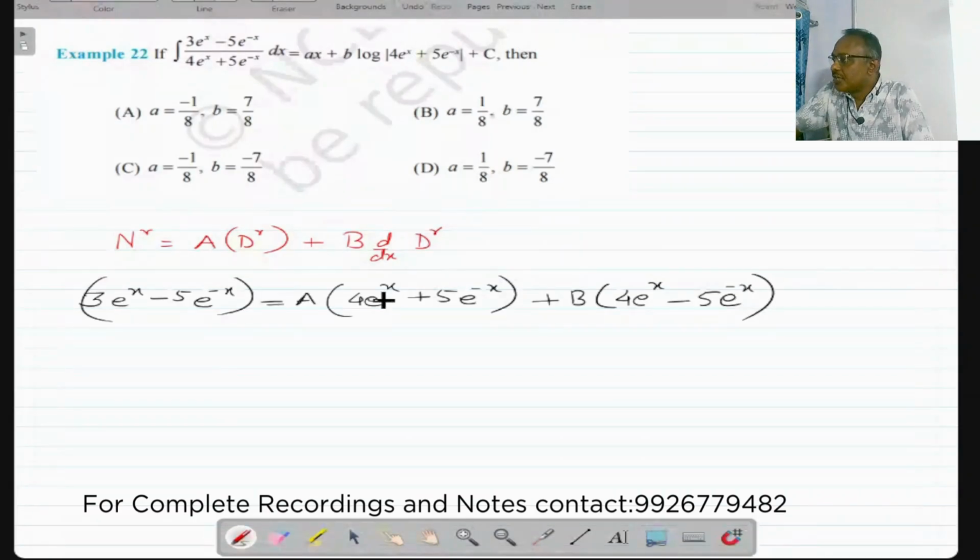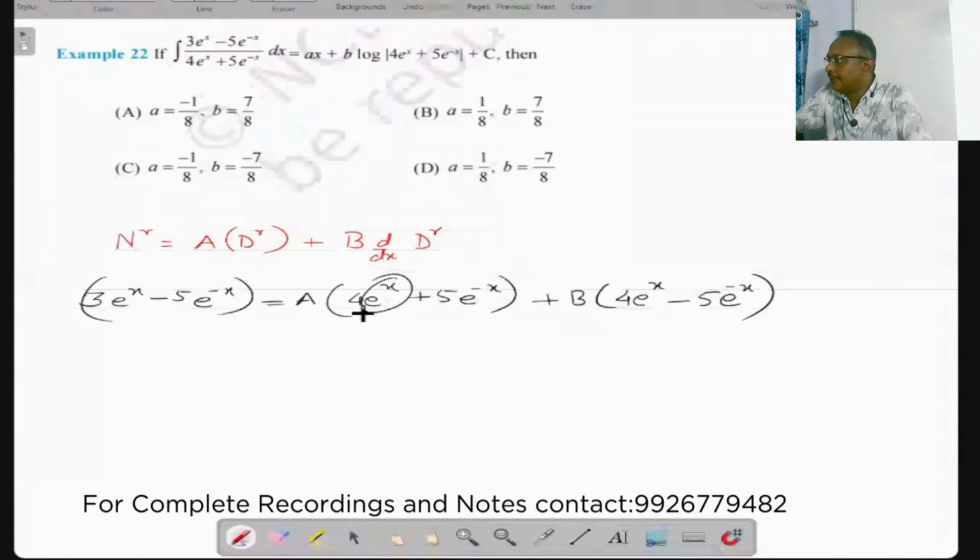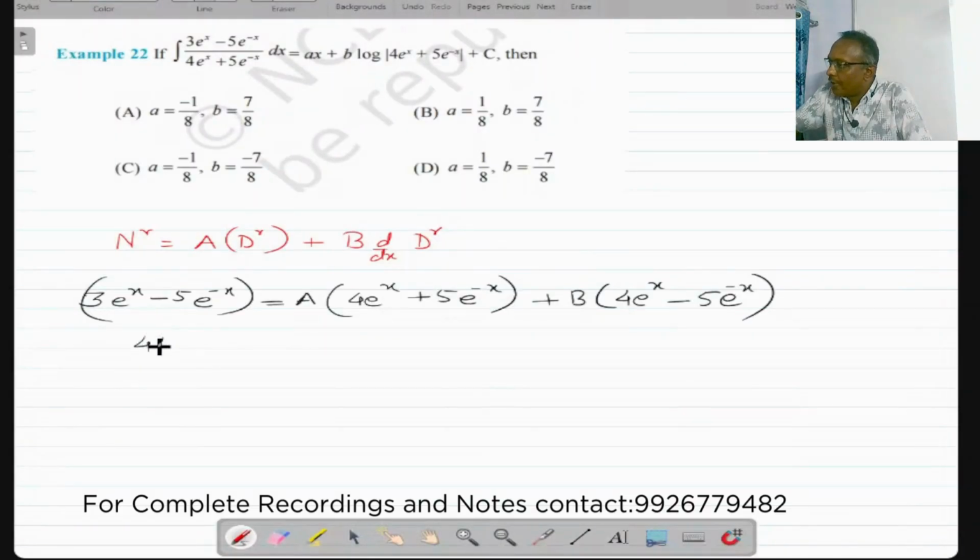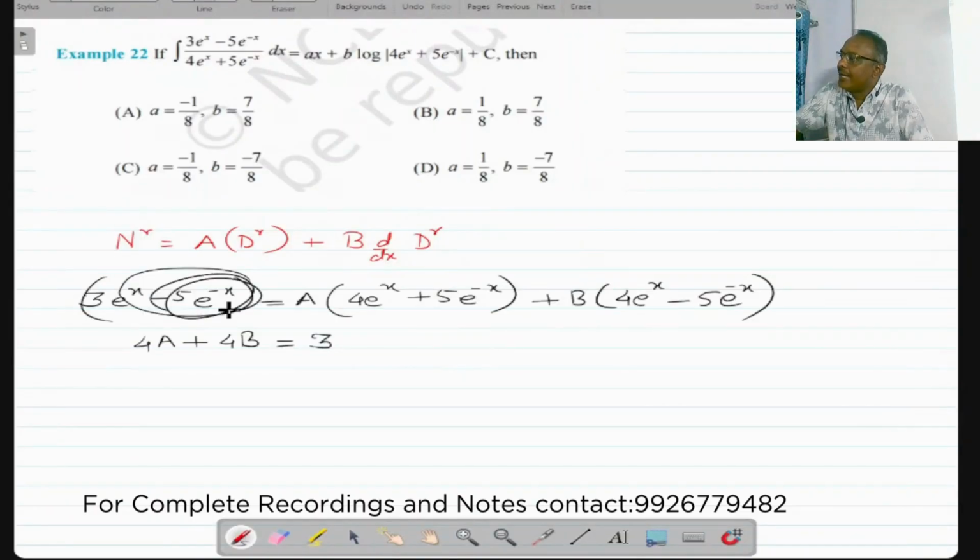What is the coefficient of e to the power x here? 4a plus 4b is 3. What is the coefficient of e to the power minus x? Minus, here is 5a minus 5b is minus 5.